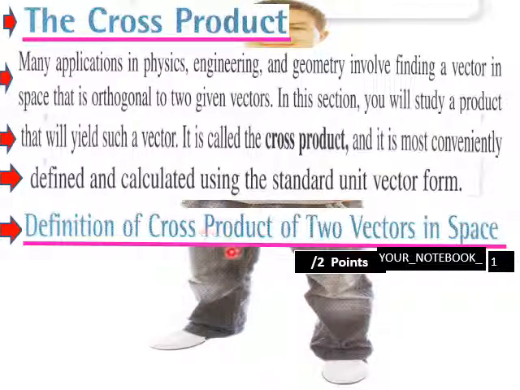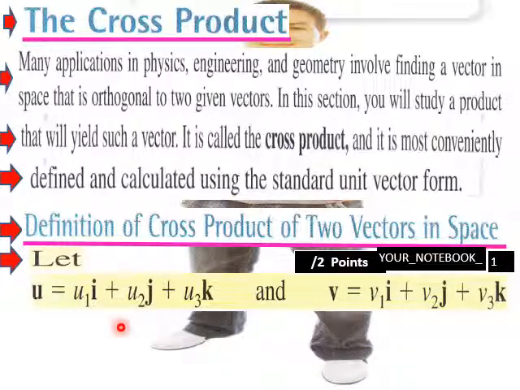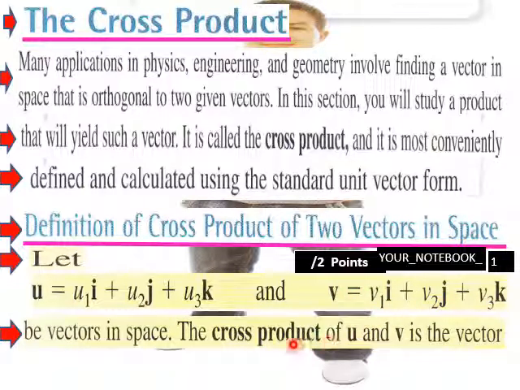Okay, so the definition of the cross product of two vectors in space. Let u equal u1i plus u2j plus u3k and v equal v1i plus v2j plus v3k be vectors in space. These are two vectors in space.